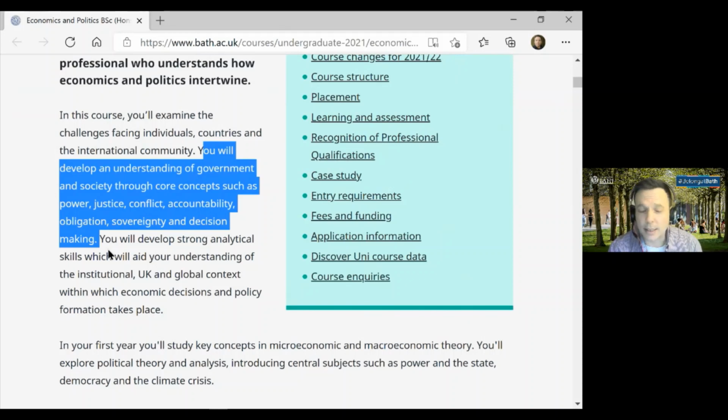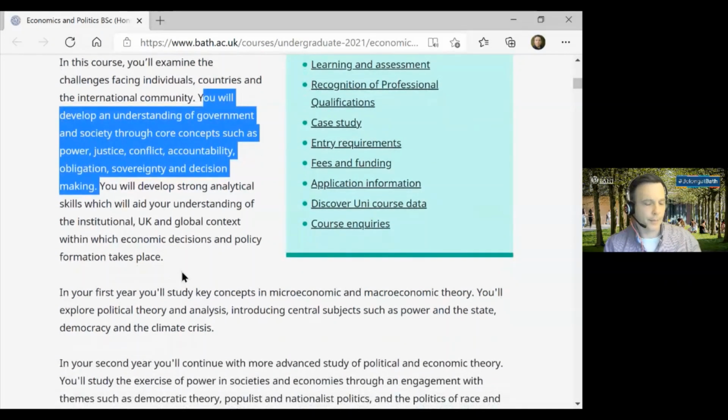If you're studying politics, international relationships, sociology, any of those subjects, you will have some experience of them. So at this stage, you would simply note down on a piece of paper, one piece of paper for each university, I would have thought, for each course, power, justice, conflict, these kinds of things are not required, but desirable, I should say.